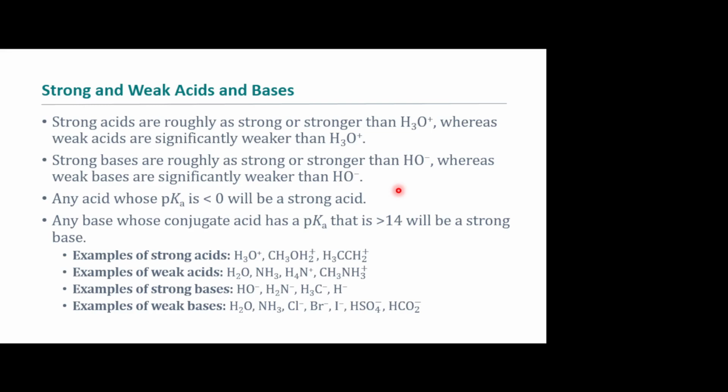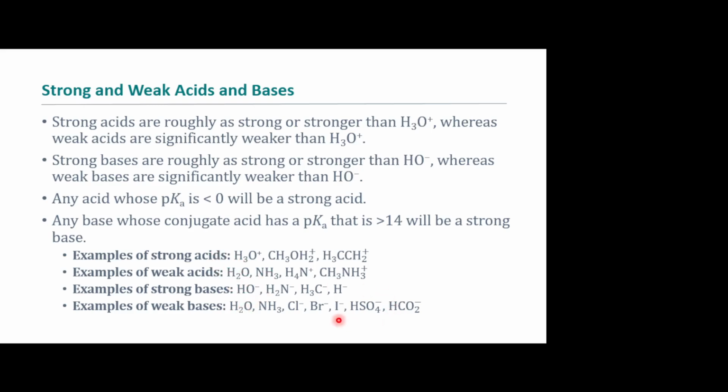Any acid whose pKa is less than 0 is going to be a strong acid. So if the pKa is less than 0, you should expect it to act as a strong acid. Any base whose conjugate acid has a pKa of greater than 14 is considered a strong base. And so these are some typical examples of strong acids, weak acids, strong bases, and weak bases right here.